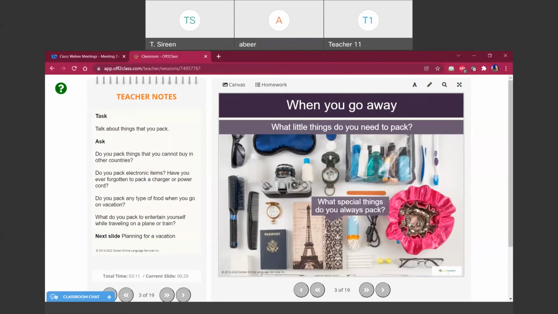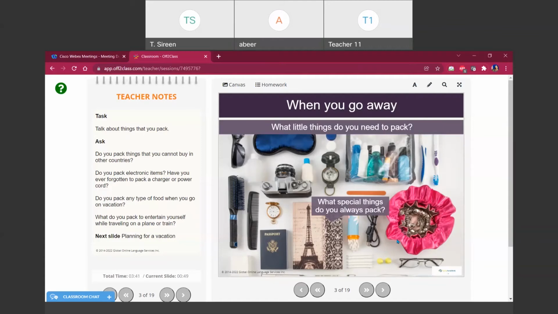Toothbrush, toothpaste. My glasses, and my notes. Yes, very good. So your notes, your glasses.